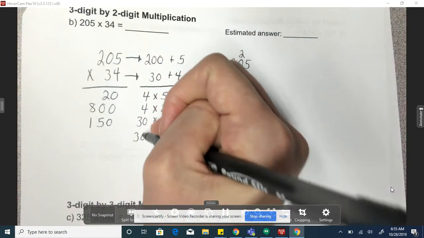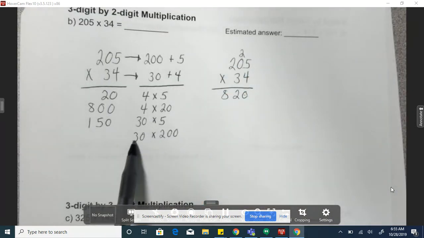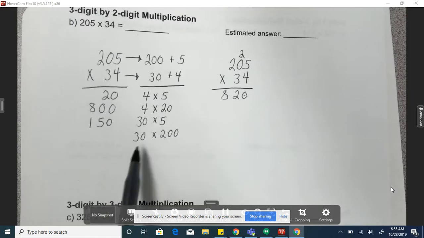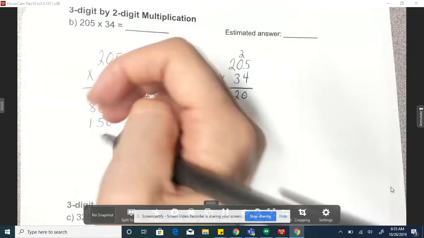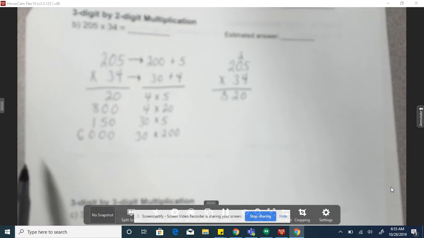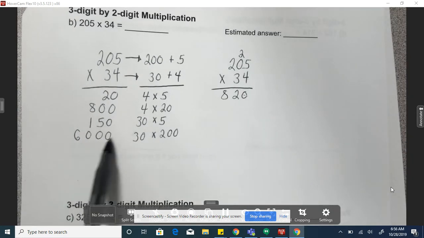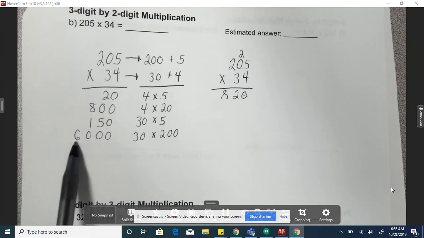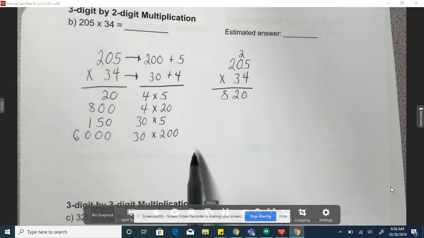Write that expression down. 3 times 2 is 6. Tens times hundreds is thousands, so my answer is 6,000. I'm going to make sure I write 6,000 by lining up the place values. If I were to add these next two numbers together, we'd get 6,150. Let's see if we get 6,150 here.